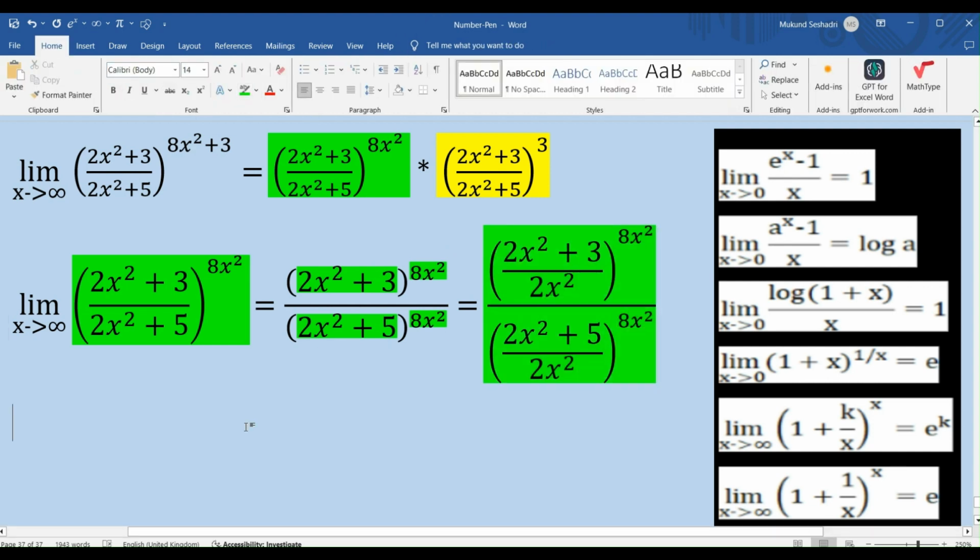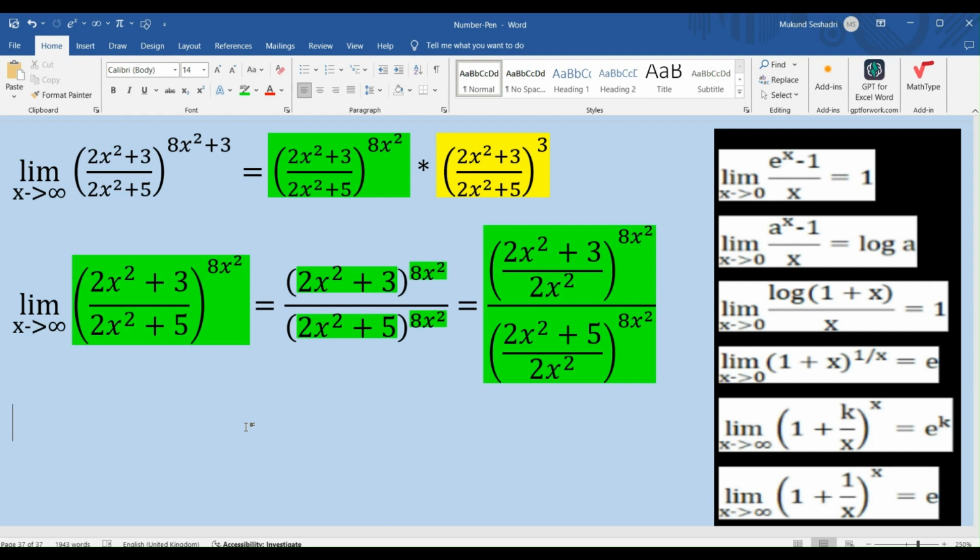So here we have an expression. Let me draw your attention once again to what we actually did. All that I'm doing is dividing the numerator and the denominator by 2x square to the power 8x square, right? So that does not change the expression.